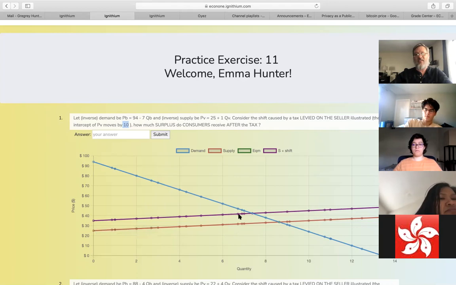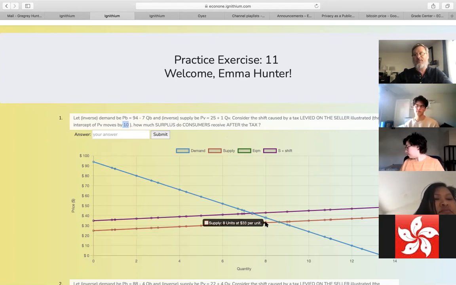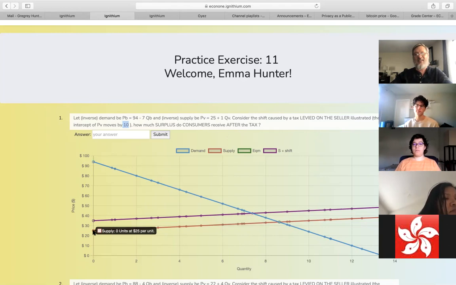And this is a very, very shallow supply curve. But if we get to the 8th unit, the cost of that 8th unit in terms of materials and labor and other stuff is $33 a unit. So if he also has to pay a tax, he has to add to his costs the extra $10 the government is imposing on him.